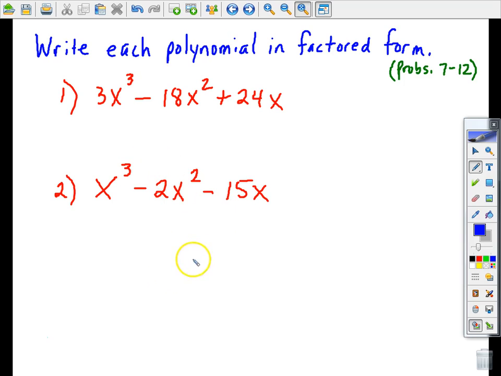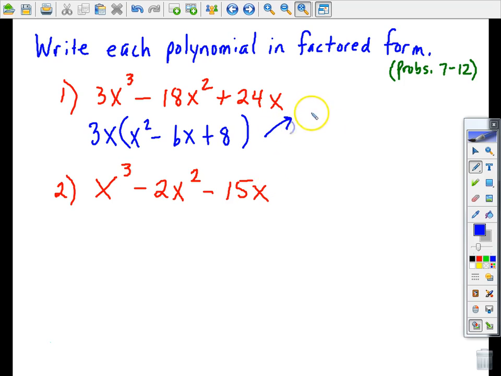Okay, so Olivia, can you give me a GCF for number 1? 3x. Awesome, 3x. Okay, Olivia, if you factored out 3x, what would be in the parentheses? X squared minus 6x plus 8. Very good. Can we factor any more? Yeah.